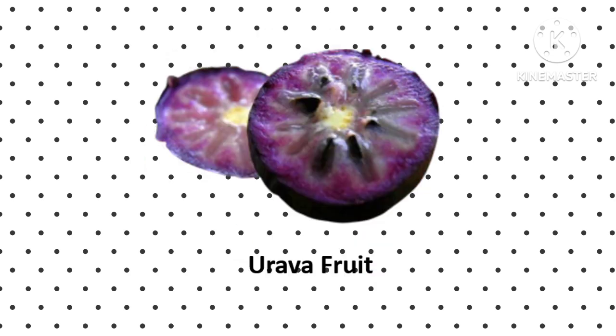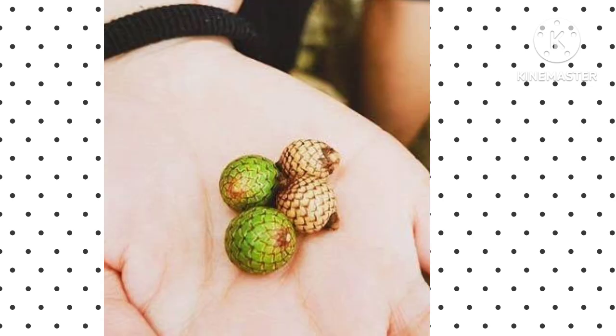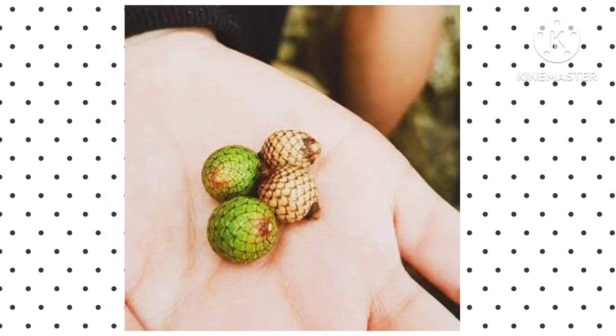T for tomato. U for uva fruit. U V A fruit. V for Vila palm.